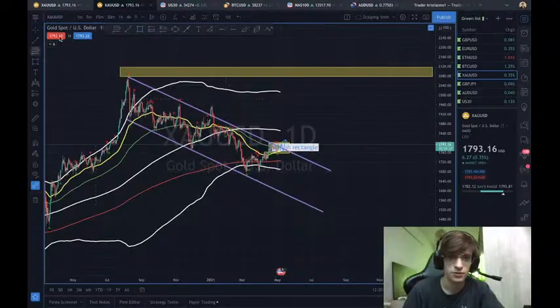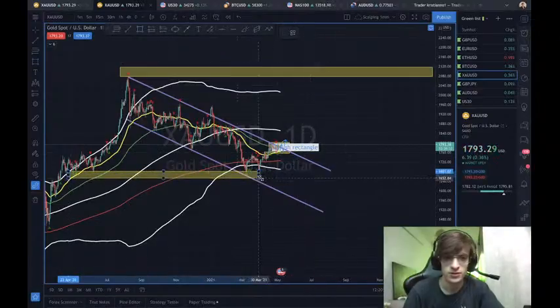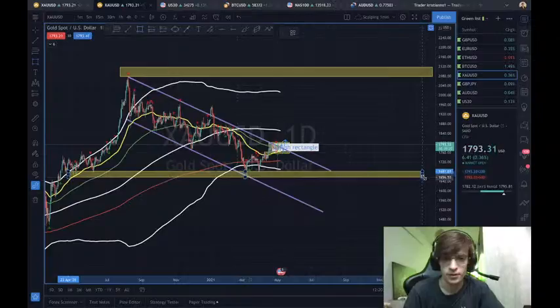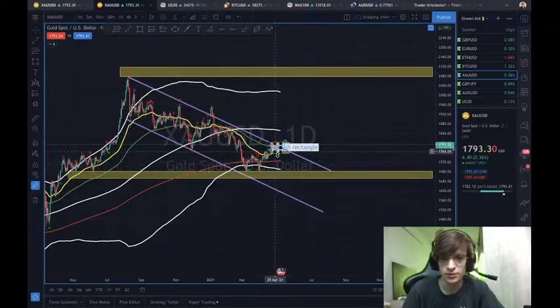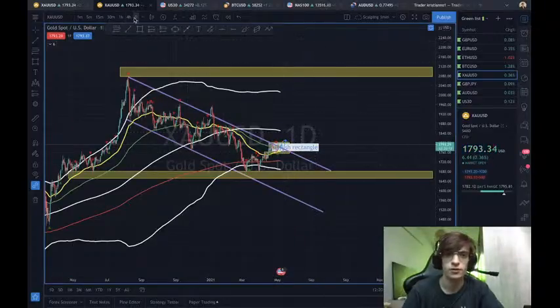We don't know. Here was a support zone on this small bullish rectangle, and here was a double bottom, so it's a pretty heavy zone that probably will be respected, so it could really break through here and go bullish long term.